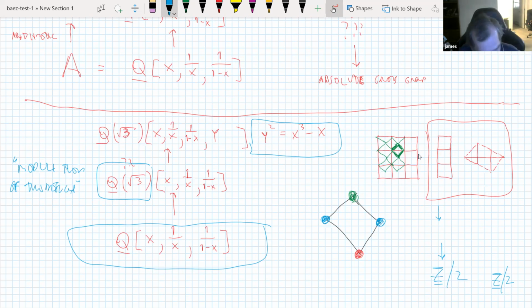It may actually be a non-split short exact sequence. I'm not quite sure, but I'm having trouble saying precisely what it is, but you're getting some idea of what it is, right? I want to say it's something like the Galois group of the design.